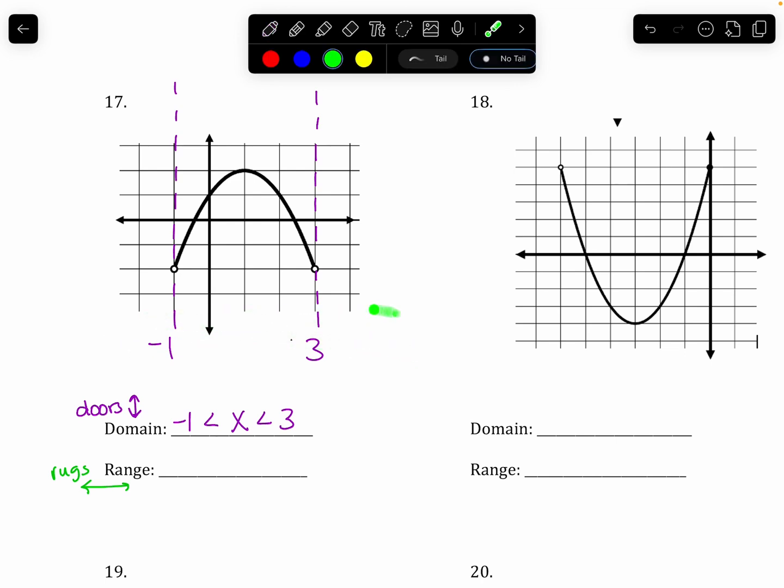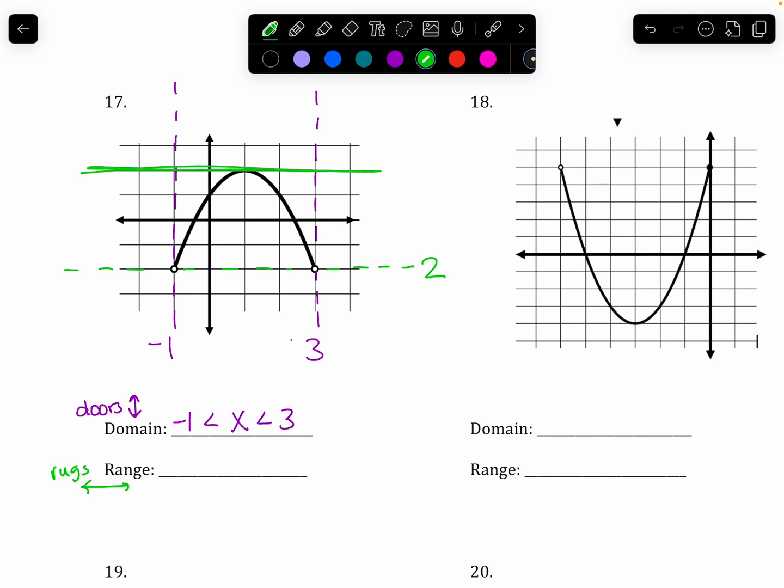Let's check our range value, shall we? Coming down here, I don't have any range values, and then bam, all of a sudden my graph starts here. So I'm going to go ahead and draw a dotted line. Both of those circles are open. That's at negative 2. And then as you move up the graph, notice that my y values stop there, and then there's nothing above it. So right at the top of this little upside down U-shaped graph, my y values stop.